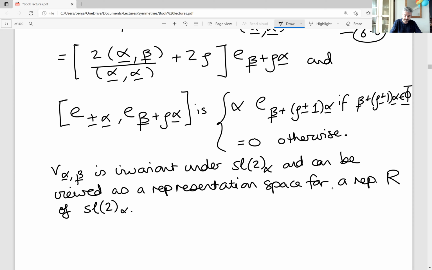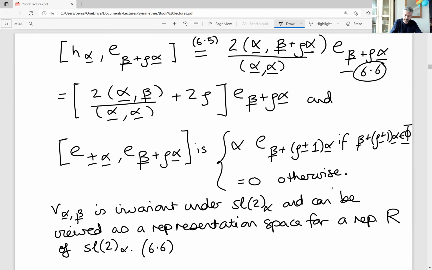So our equation 6.6 here implies something about the weights of this representation.